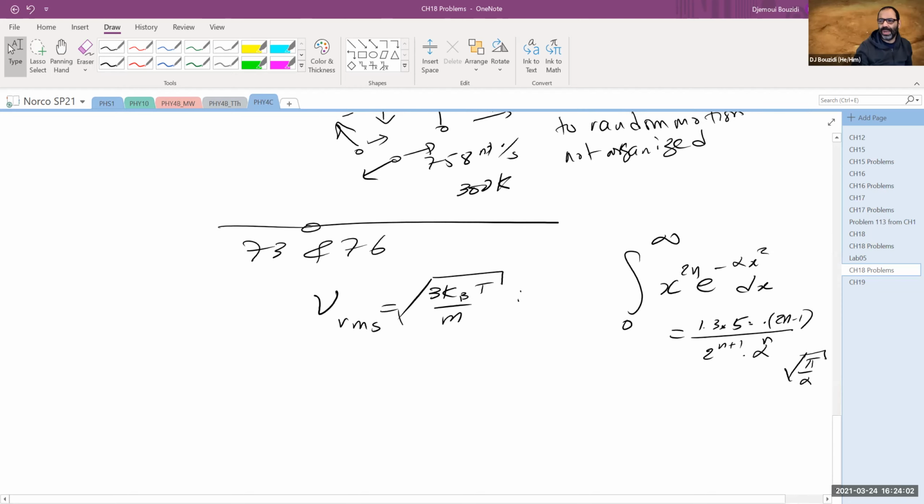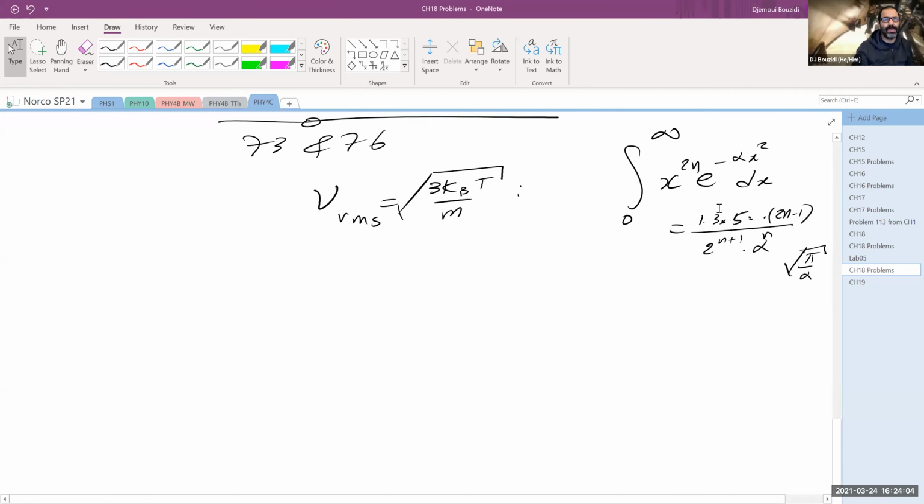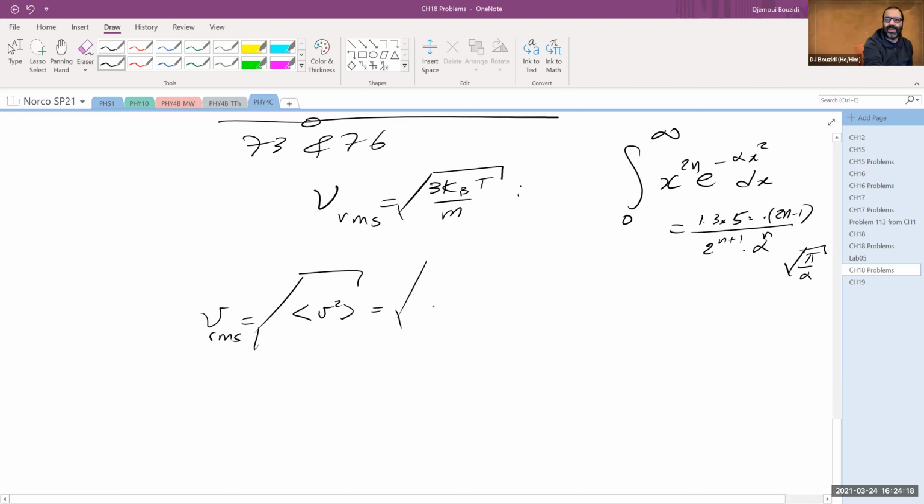In order to do that, all you have to do is change the expression for the average. So what you do in this case is, the v_rms, if you guys remember, is the square root of the average of the velocity squared, okay? And for that, the average of the velocity squared, and they tell you how it's defined, by the way, is the integral from 0 to infinity of v squared times f of v, dv.